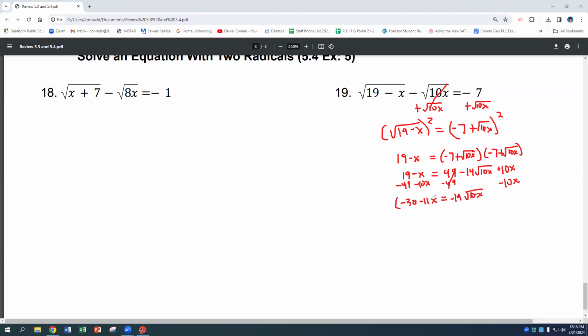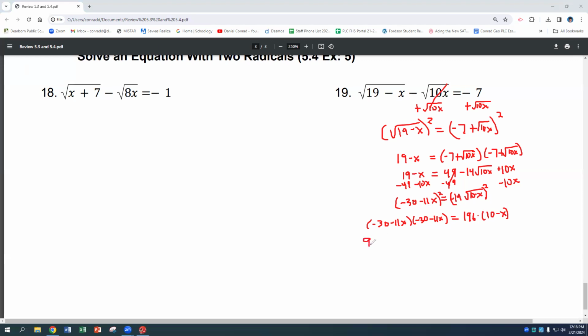Okay, we can square both sides now to get rid of the other radical. So on this side, we have -30 minus 11x. On this side, that's going to be 196 times 10 minus x. Right, -14 squared is 196. Square root of 10 minus x squared is just 10 minus x.